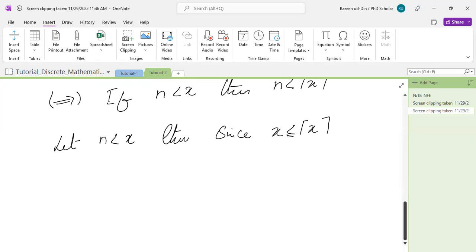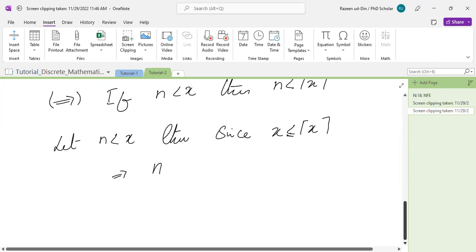So this is one, that n is less than ceiling of x.